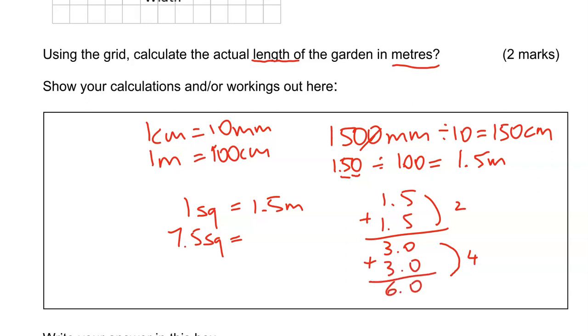So we have 4 lots. If we add another 2 lots to make it 6, then we get 9. If we add another lot, which is 1.5, to make it 7, we get 10.5. So now we've got 10.5.